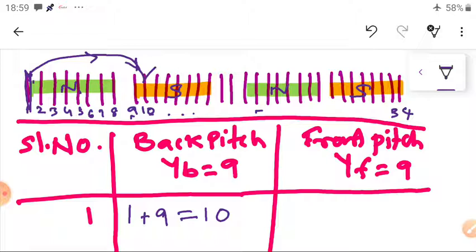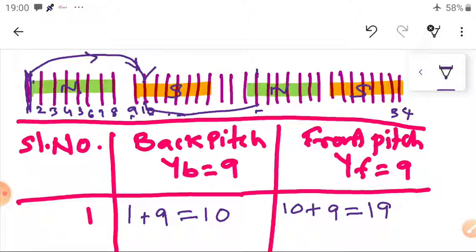Now 10 plus, here in wave winding, we go to the wave: 10 plus the front pitch 9, so we go to the 19th. So the 19th conductor I have to connect. Let us say this is the 19th conductor.